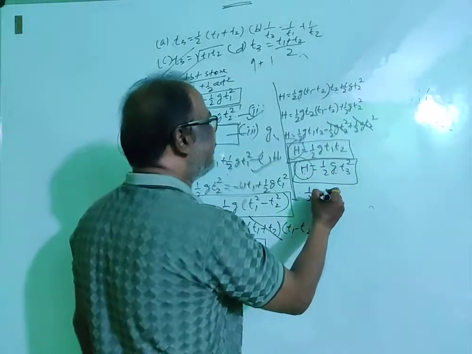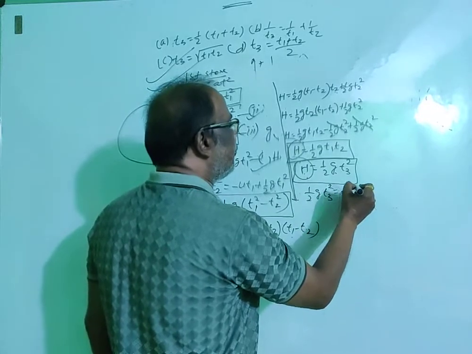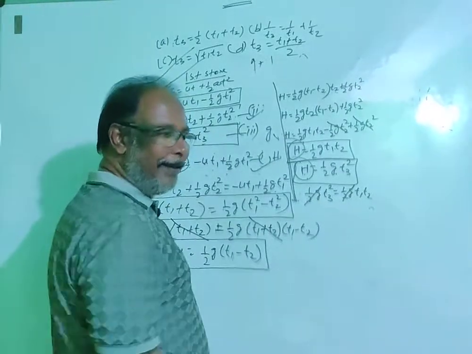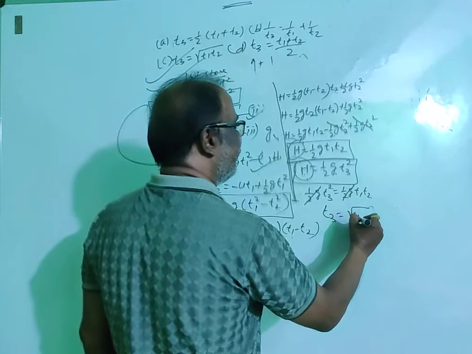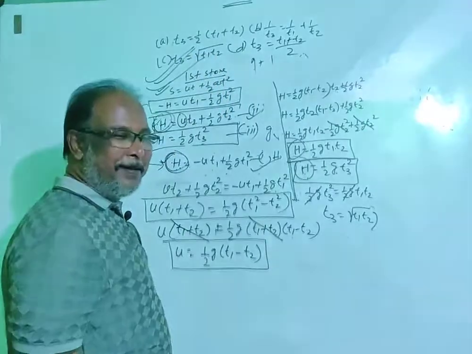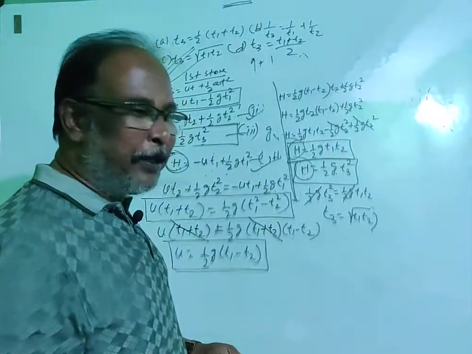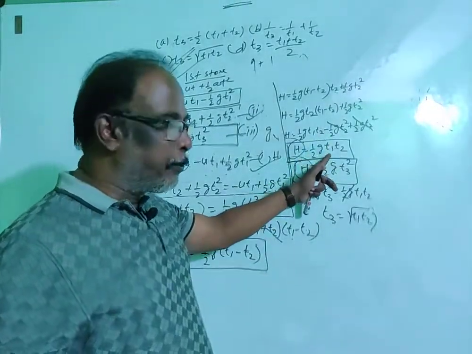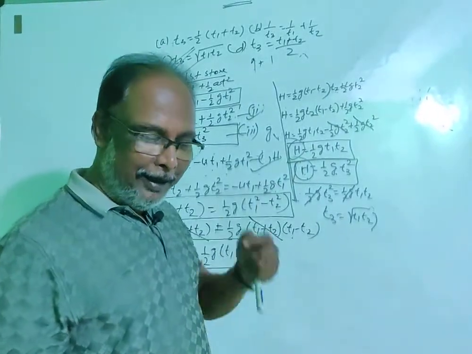Half g t3 square is equal to half g t1 t2, half g gets cancelled. So t3 is equal to square root of t1 t2. Again another right mark. Okay, too simple. Just try to solve the equations using equations 1 and 2, and whatever you get from equations 1 and 2, equate with equation 3. Now it is completed. Next question.